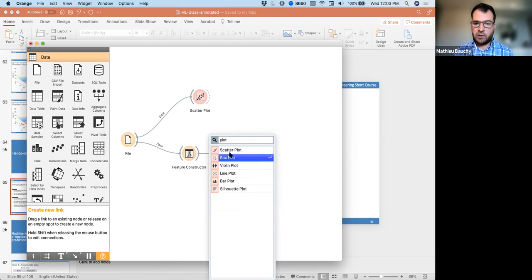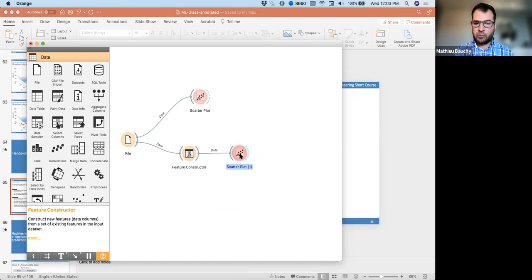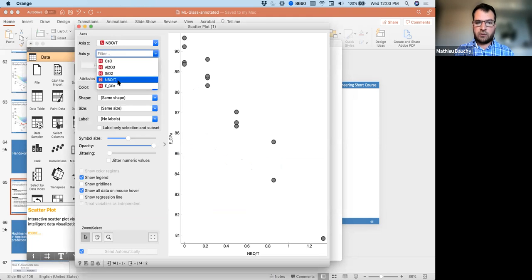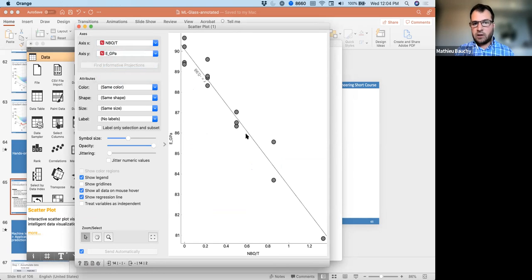So now, for example, if we make a new plot and plot the Young's modulus as a function of this new feature, this NBO over T, now you have a much stronger relationship because the Young's modulus is very related to this NBO over T metric. The more non-bridging oxygen you have, the lower the modulus becomes.